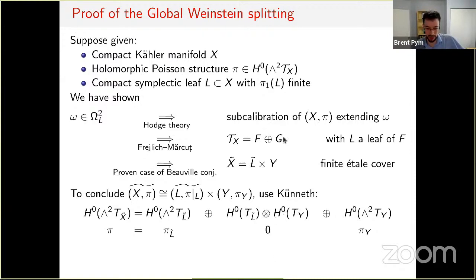That was already true at the level of this splitting of the tangent bundle. So what we conclude is that there's no possible cross term here, and the bivector must be the sum of its projection on the two factors. And that's the proof of the theorem.